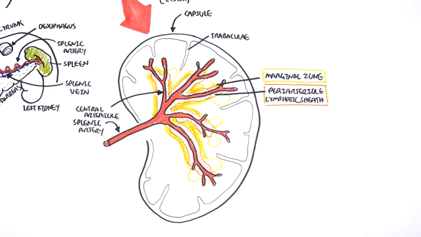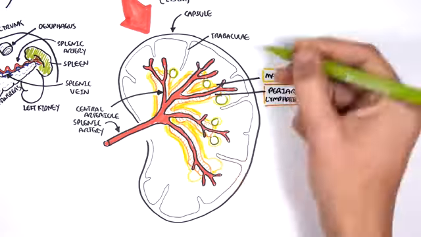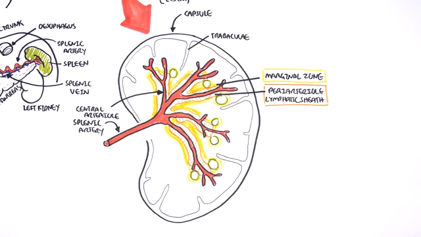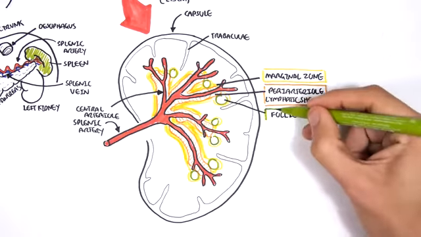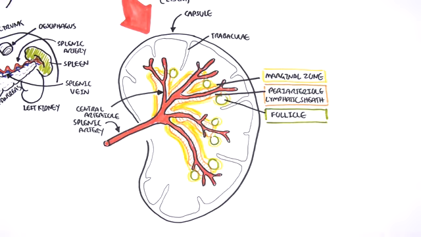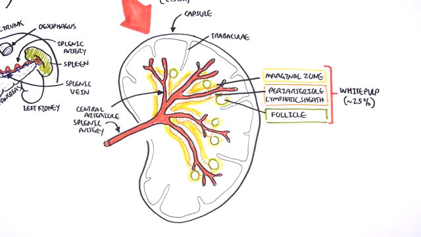Now, within this lymphatic tissue are other lymphatic tissues or clusters called follicles, here in green. The follicles are essentially surrounded by the marginal zone and contain immune cells called B cells. The periarterial lymphatic sheath, the marginal zone, and the follicles make up what is known as the white pulp of the spleen.